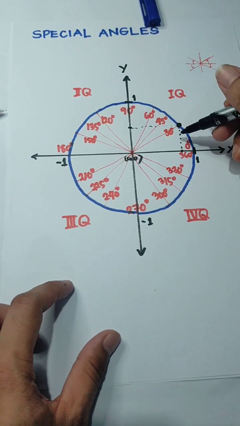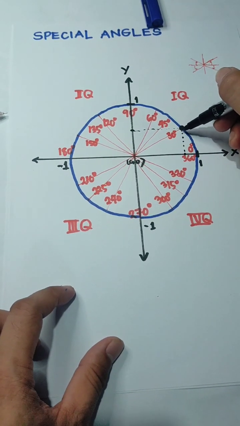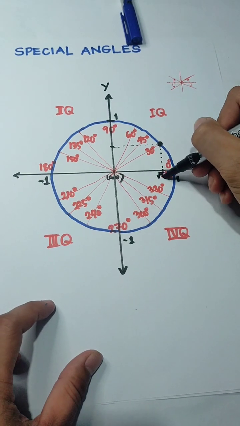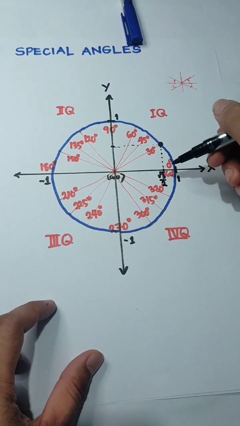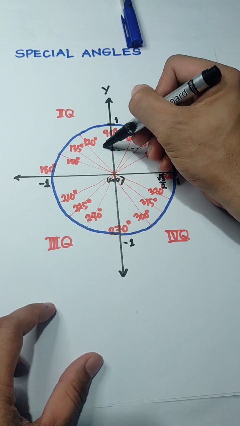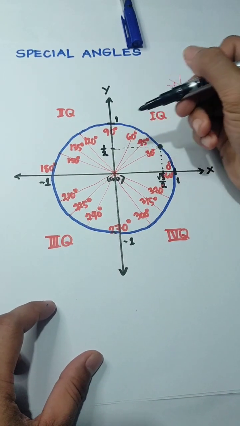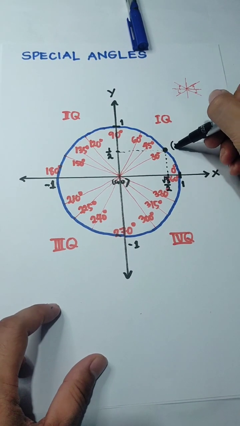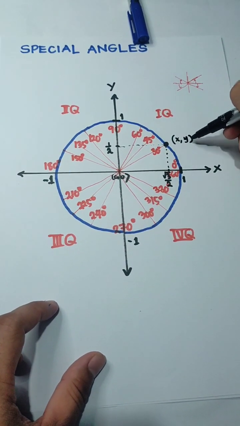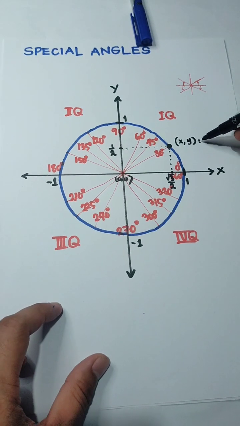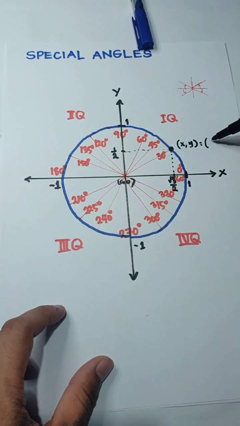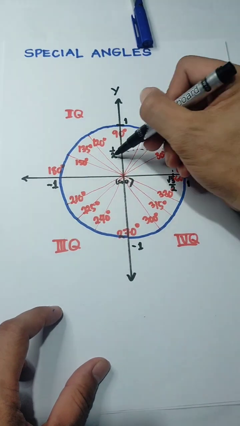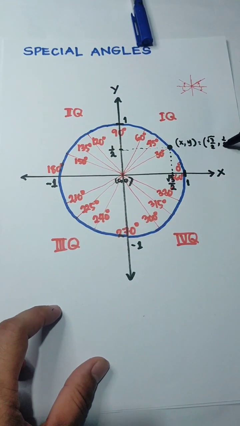So they have special values as well. For our x, the special value is square root of 3 over 2, and for y we have 1/2. Okay, so this is our x and y coordinates: our x is square root of 3 over 2, and our y is 1/2.